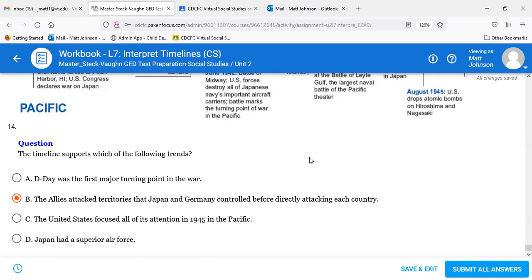The closer we get to defeating Japan, though, we realize the main allies, the big three, were Britain, the United States, and the Soviet Union. We might not want the Soviet Union that involved with defeating Japan because we don't really want their presence there.